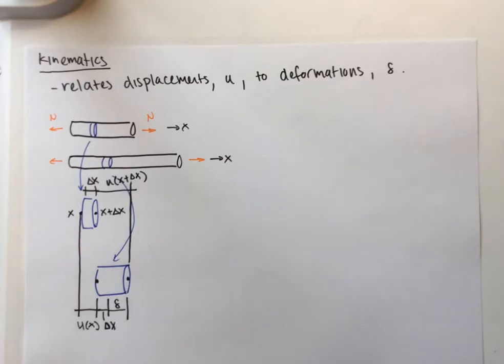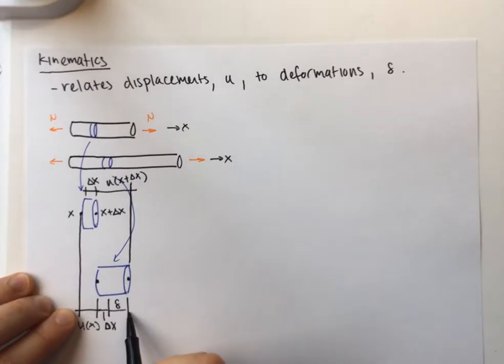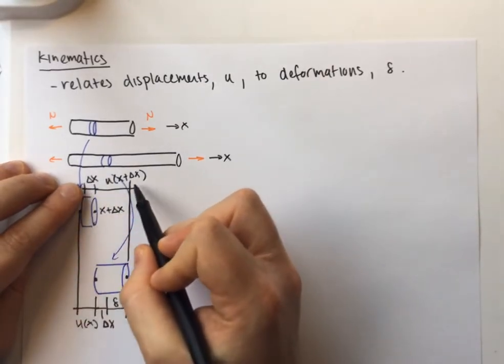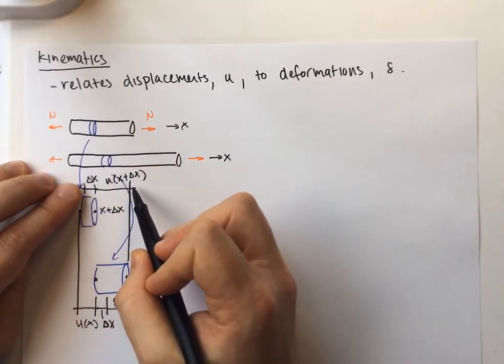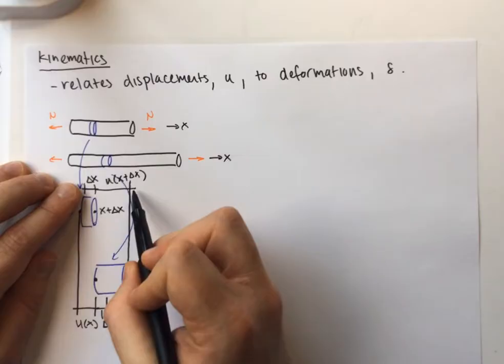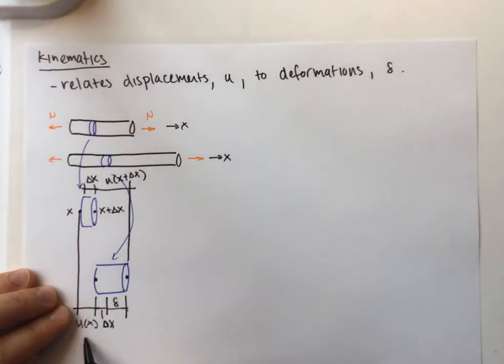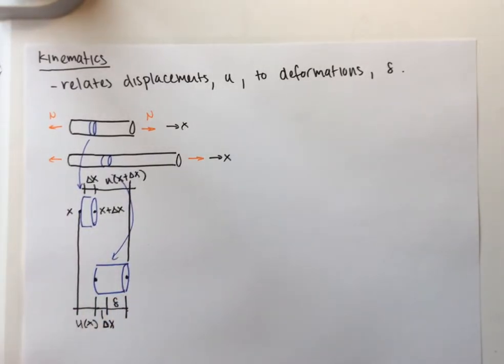Okay, and what I'm trying to do is draw these two things so that you can see that from this line to this line is one length, and from this line to that line is the same length. So these quantities on top are going to end up equaling these quantities on bottom. And that's going to help us when we start to think about what strain is in this case and what that deformation is, how we compute it.